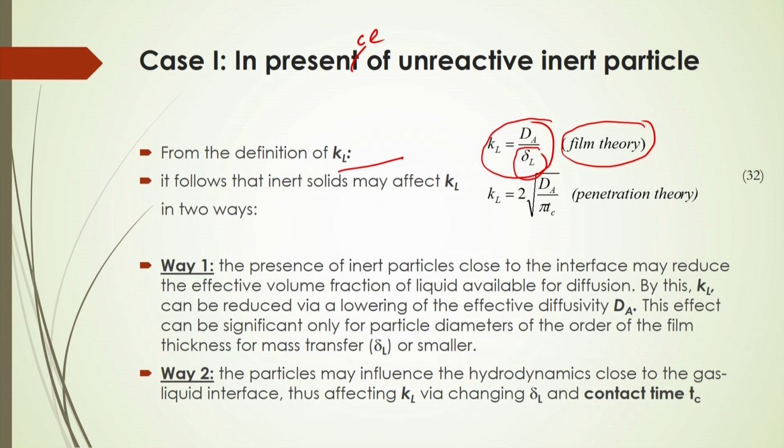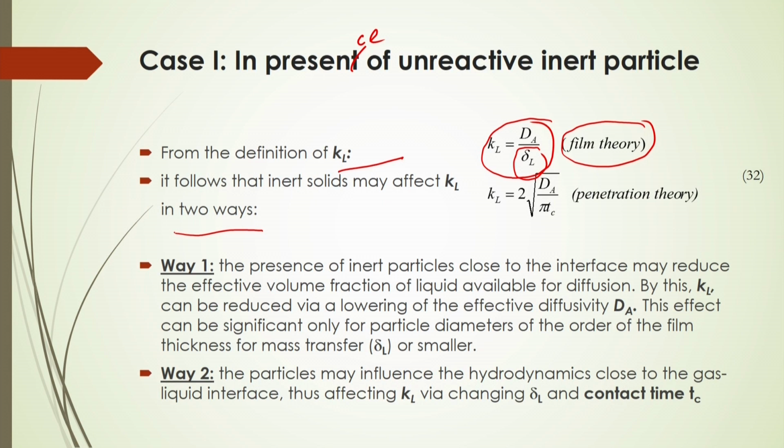It follows that inert solids may affect this kL in two ways. The presence of inert particles close to the interface may reduce the effective volume fraction of the liquid available for diffusion. By this, kL can be reduced via a lowering of the effective diffusivity, dA.